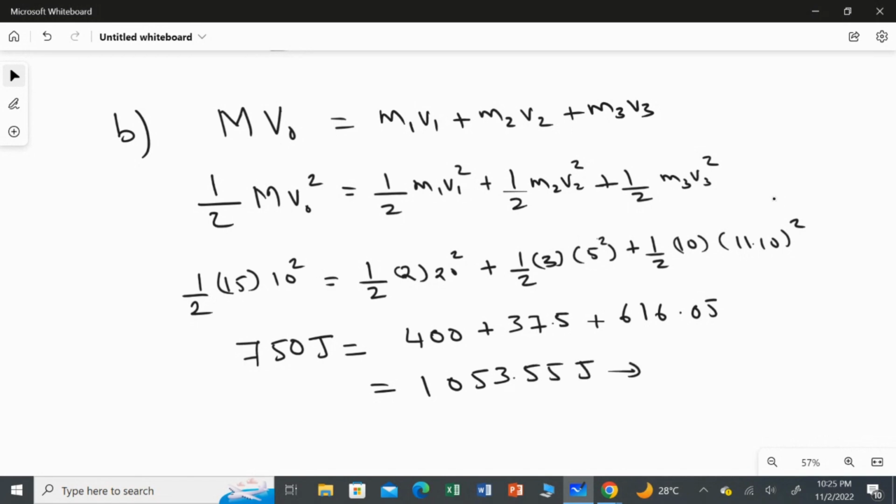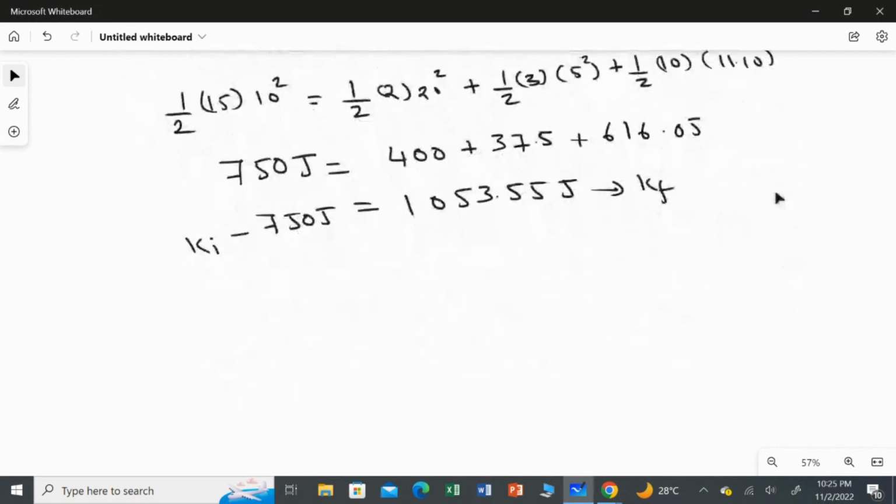This value is the final kinetic energy, and this 750 joules is the initial kinetic energy. So what is the change in kinetic energy? Final kinetic energy minus initial kinetic energy, which is 1053.55 minus 750.